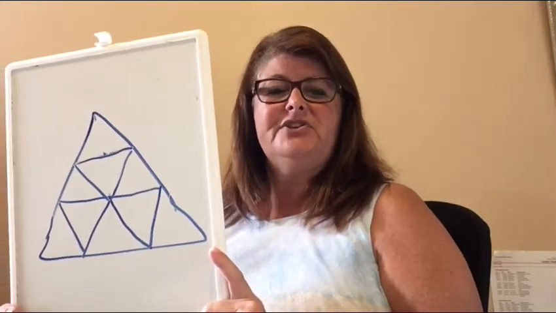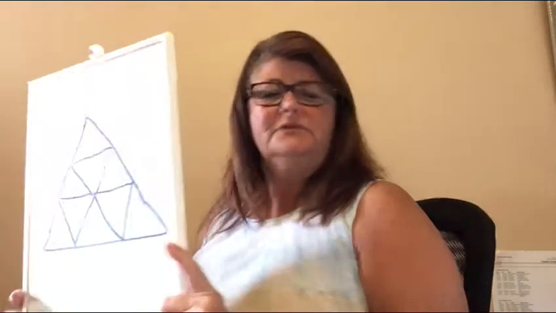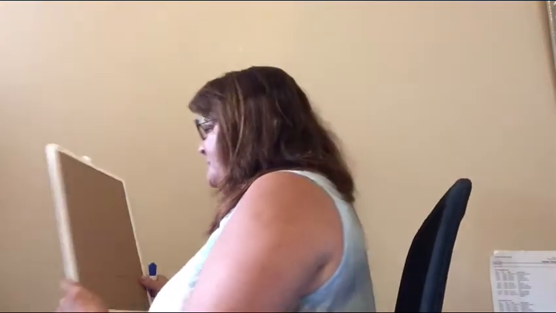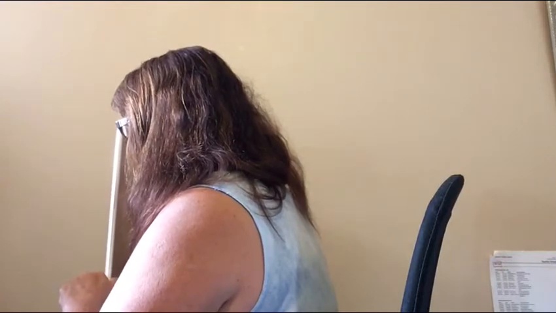The 6-sided shape is a hexagon. Each shape in the corners, these are called vertices. So every shape, a triangle has 3 sides, it has 3 vertices. It has the same number of sides as vertices.